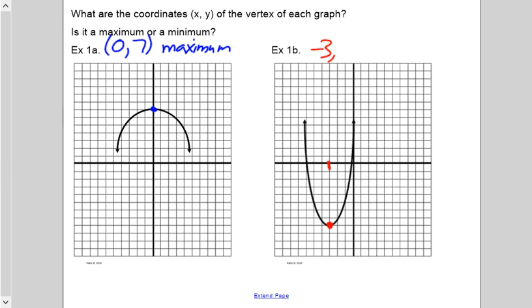And we have to go 1, 2, 3, 4, 5, 6, 7, 8 boxes down, which tells us -8. So that red dot is at the ordered pair (-3, -8). That's the vertex. Since this graph opens upward and our dot is at the bottom of the valley, that makes it a minimum.